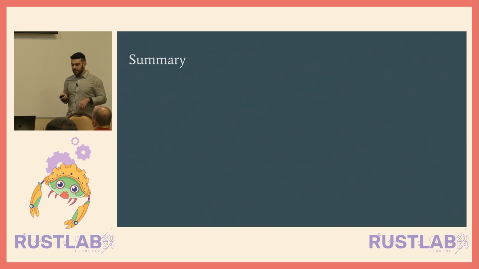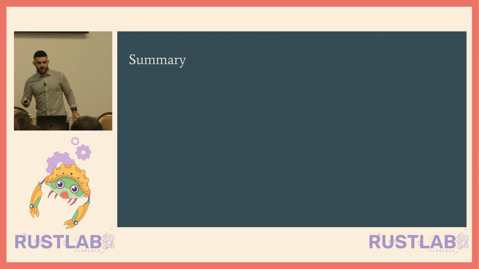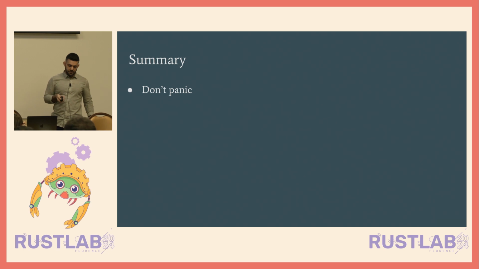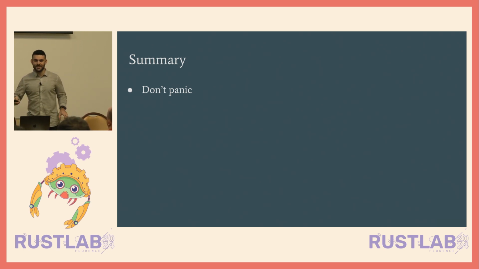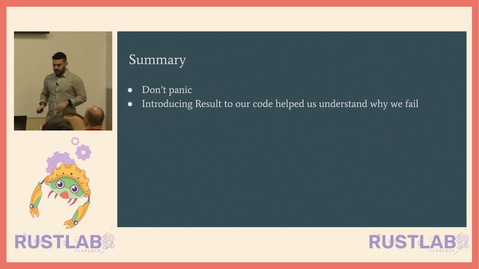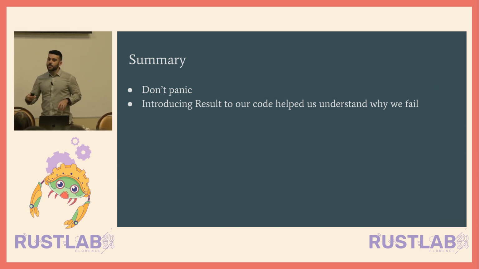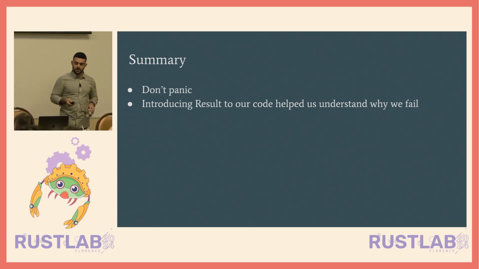So, a quick summary and things I want you to take from this talk. First, try not to panic. Literally, error handling can be terrifying at first. Try not to panic, and don't panic with your Rust code as well. Introducing result can help you understand why you fail better, because you can respond to your errors once you introduce results.